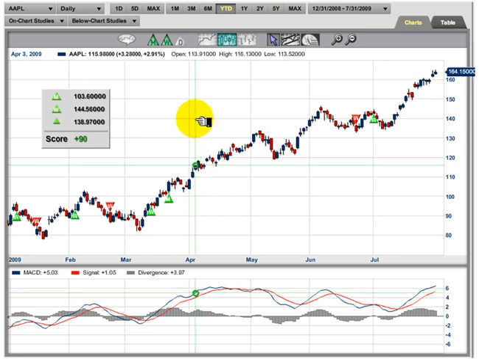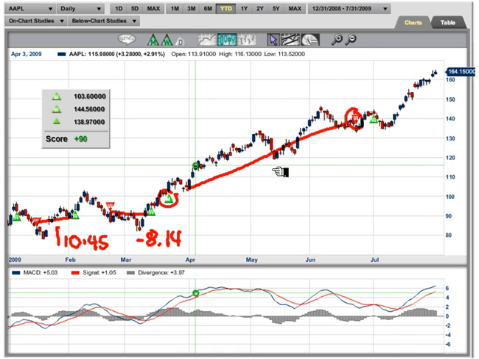So how did everything shape up for us? Well, we can see that this trade here to this trade here was a losing trade. We lost $10.45 a share. This trade to this trade was also a losing trade. We lost $8.14. This trade to this trade was a winner.